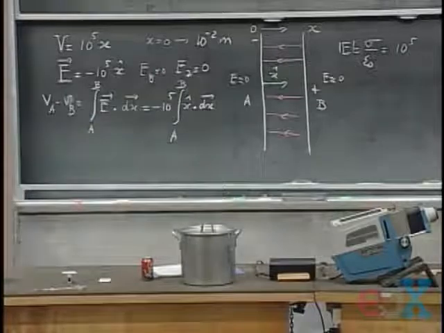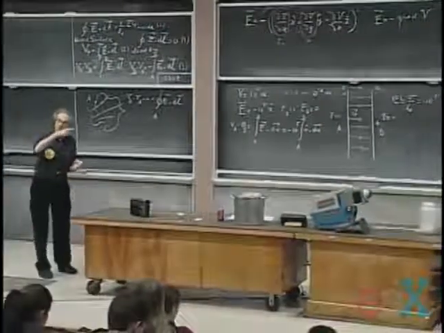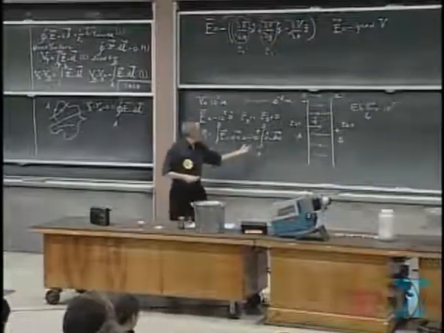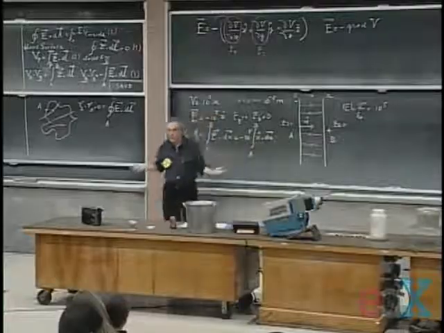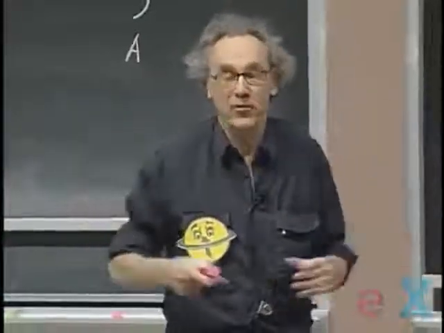Looks scary, but it is trivial. x roof is the unit vector in this direction. And dx is a little vector dx in this direction. So they're both in the same direction. So the cosine of the angle between the two is 1. So I can forget about vectors, I can forget about the dot.